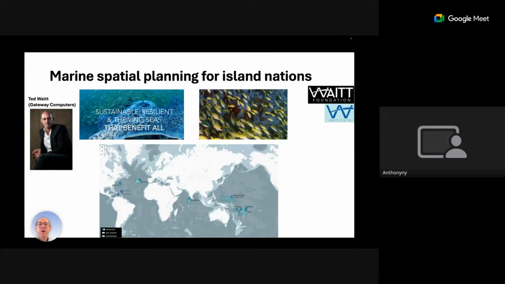We're trying to support that by doing the marine spatial planning, but also providing an app so people in those nations can learn about marine spatial planning, learn about the trade-offs, and get different government and industry stakeholders together to try and conserve biodiversity. Waitt has been supporting this marine spatial planning for a long time now.